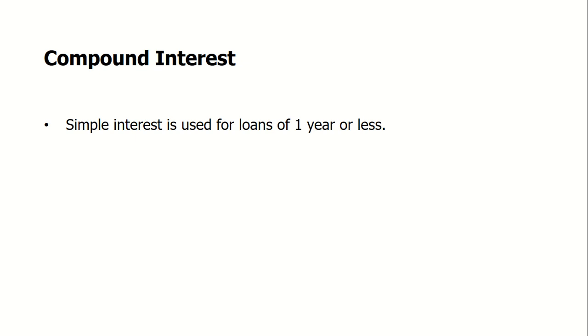Simple interest is usually used for loans of 1 year or less. In our previous examples, you might have noticed that the interest period is usually 1 year or less, so 3 months, 6 months, or 4 months.